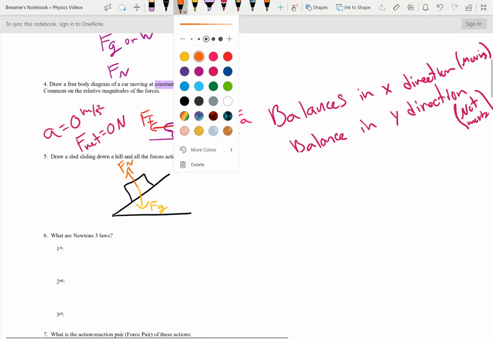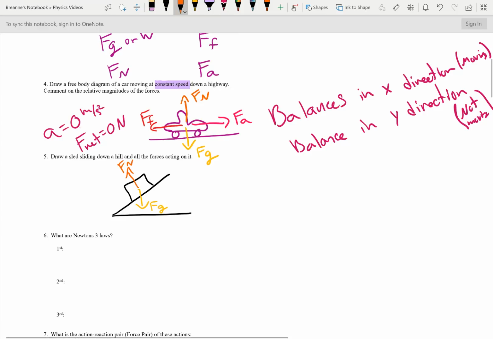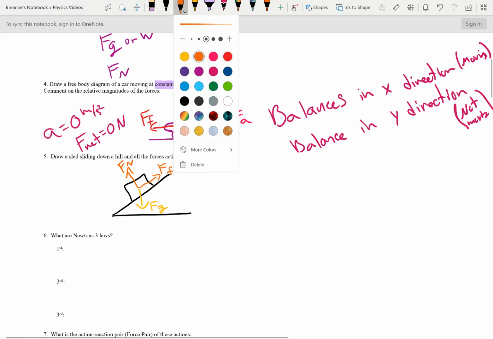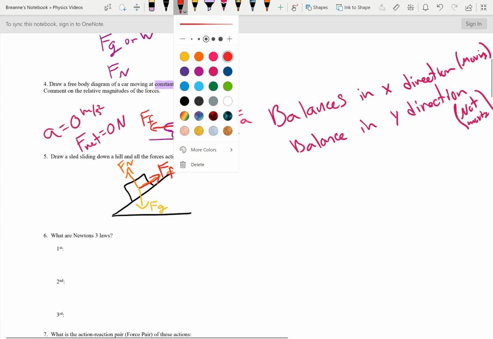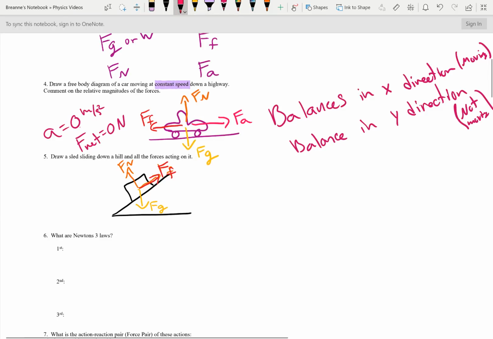And since the sled is going down the hill, you have a force of friction going up the hill, because the movement of the sled is going down.